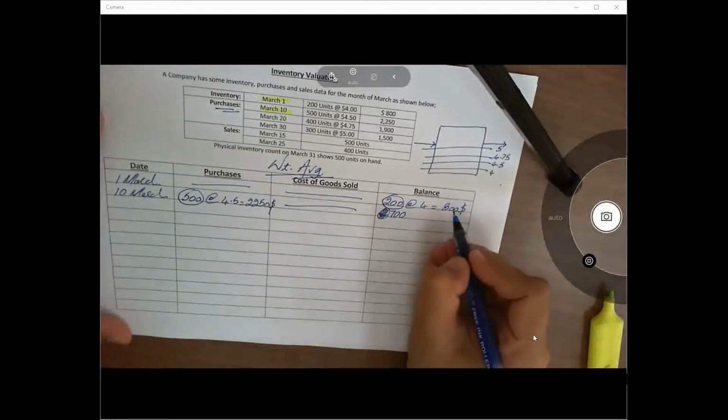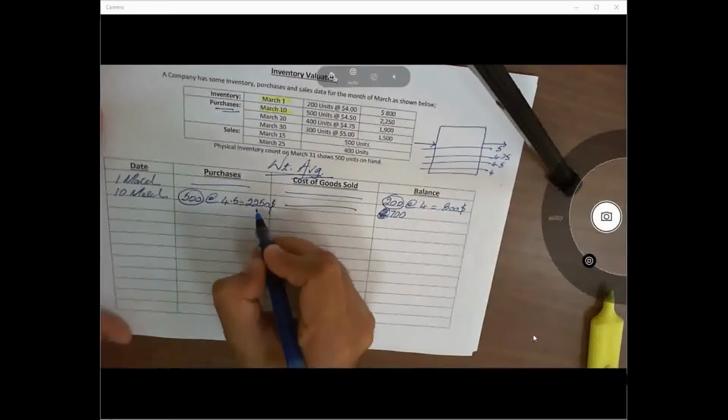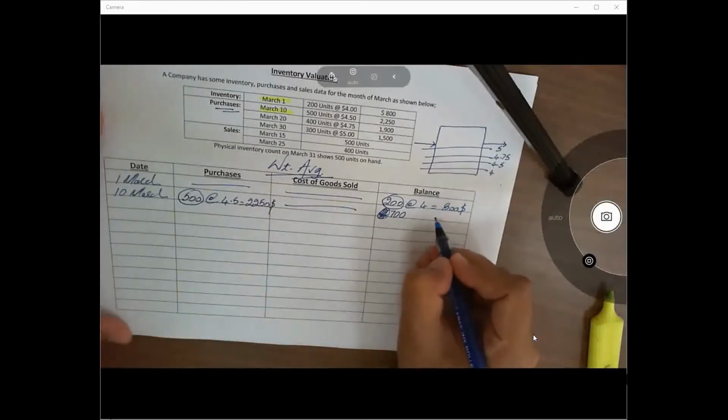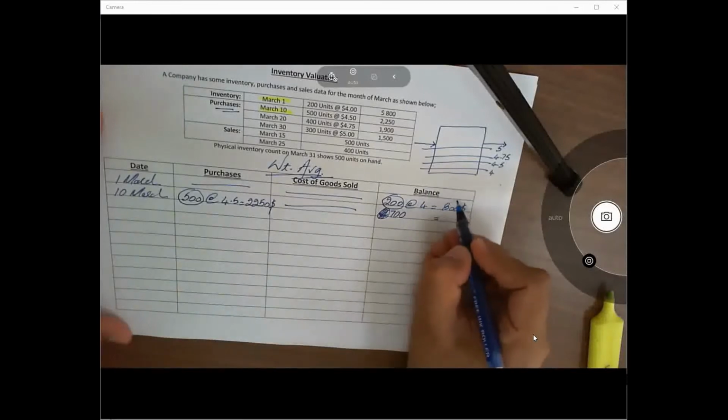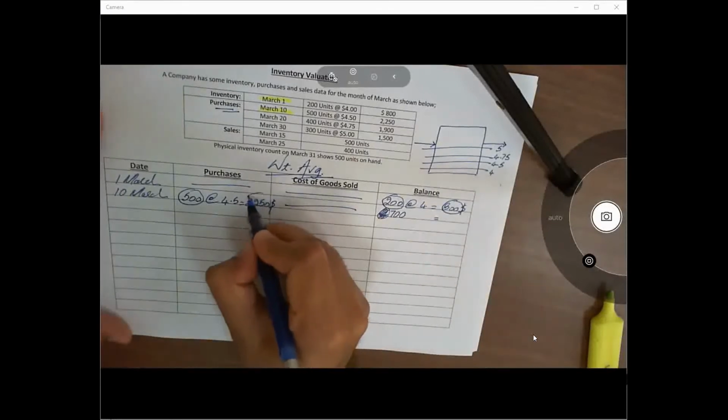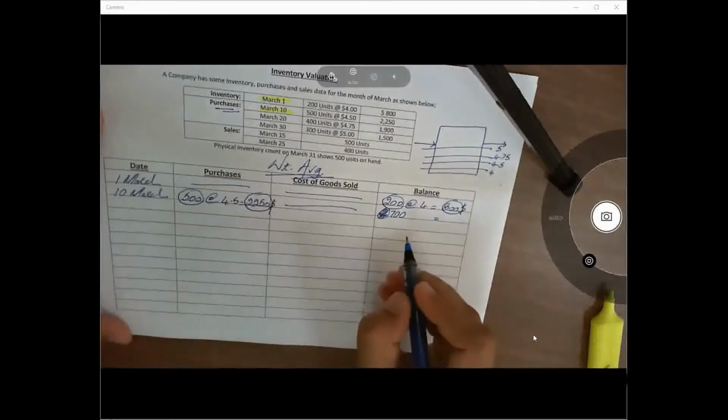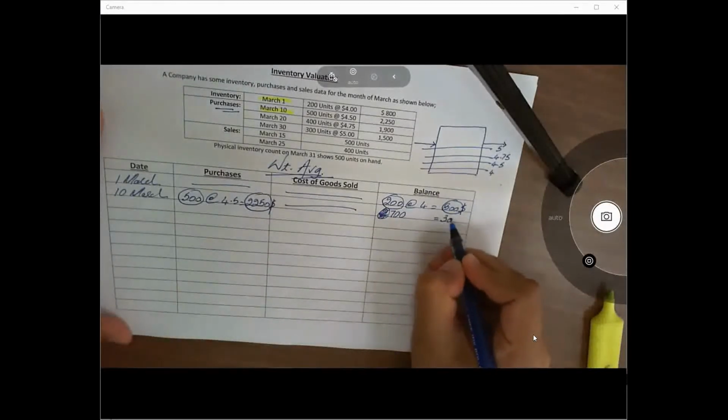Next, 800 of our old inventory, 2,250 our new inventory. So we will add these two also. 800 plus 2,250 is going to become $3,050.